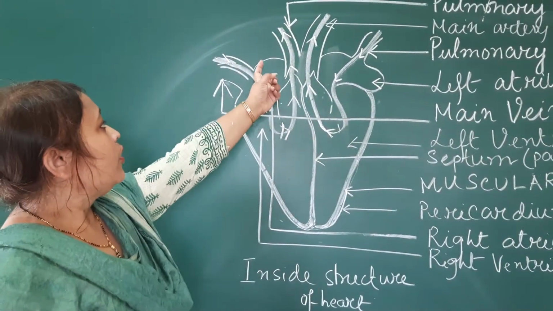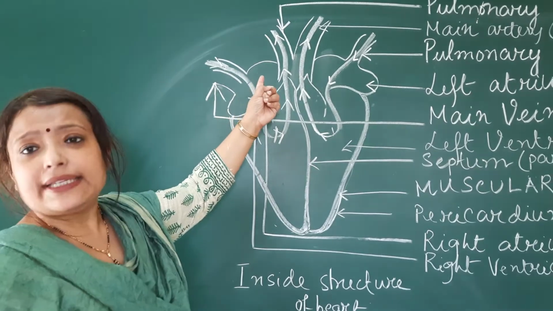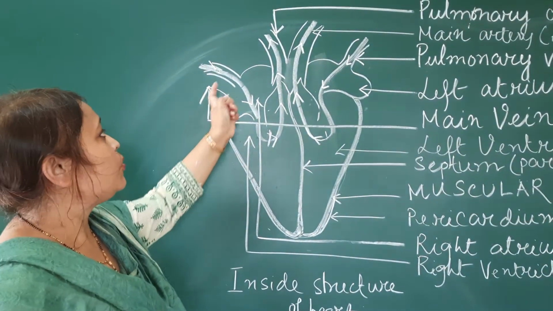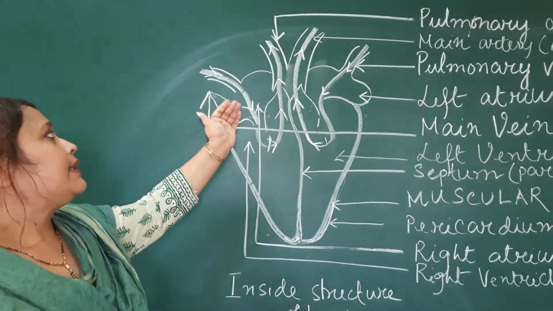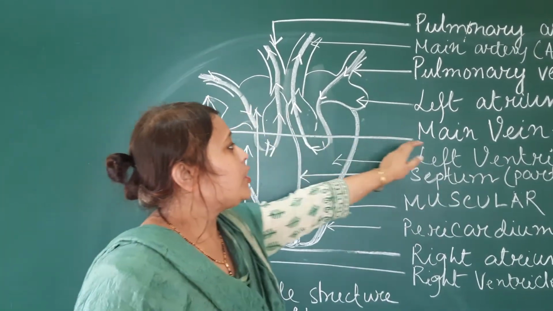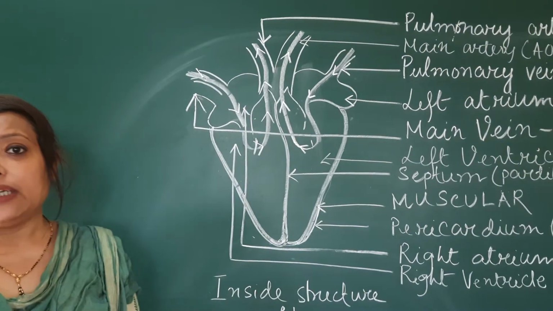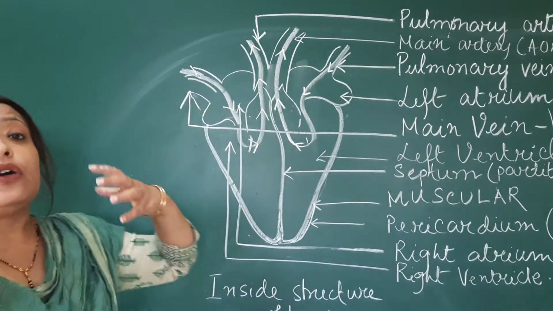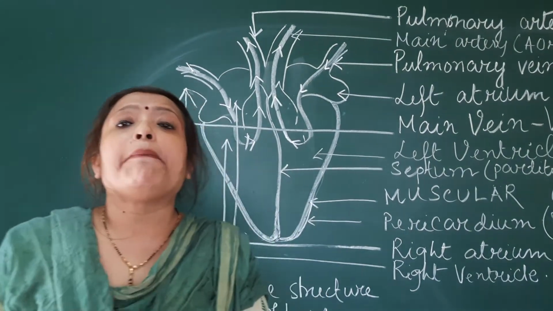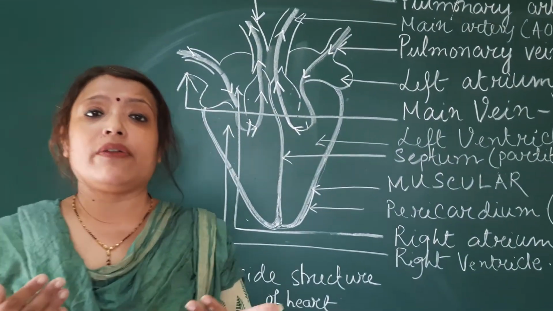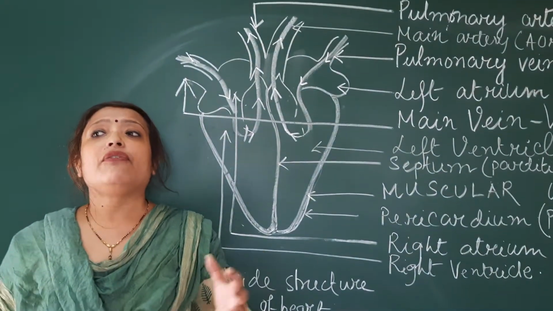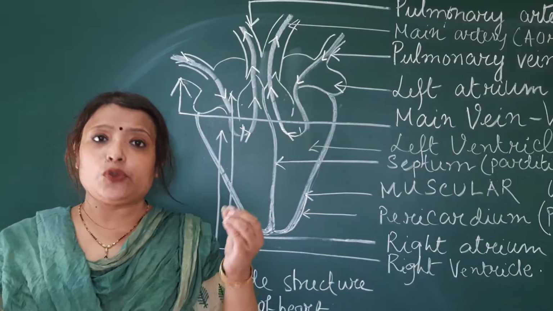So first we are coming to the right atrium. The right atrium is connected with a main vein which is known as the vena cava. For your knowledge, a vein is the route through which the deoxygenated blood from all of the body comes into the heart.